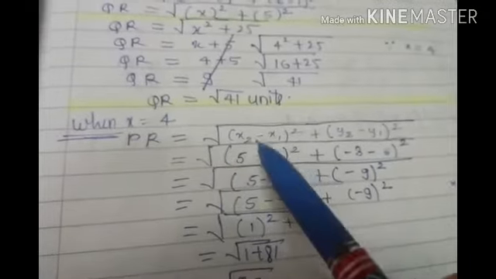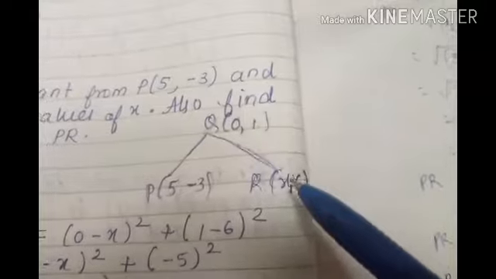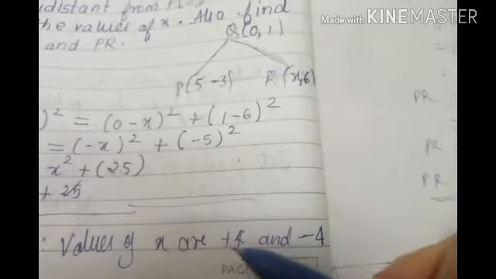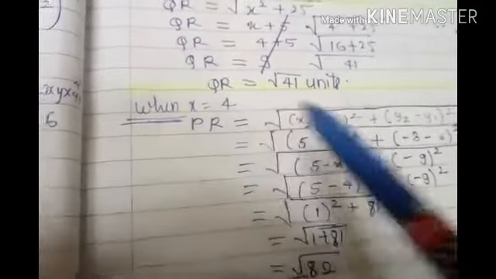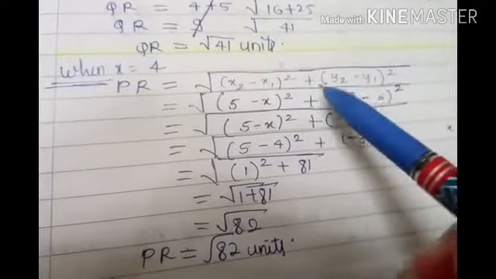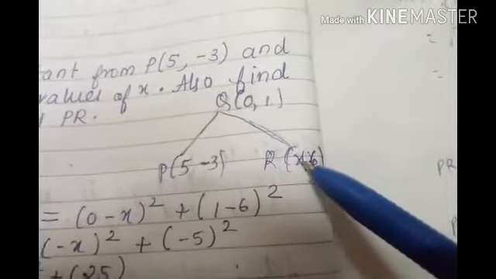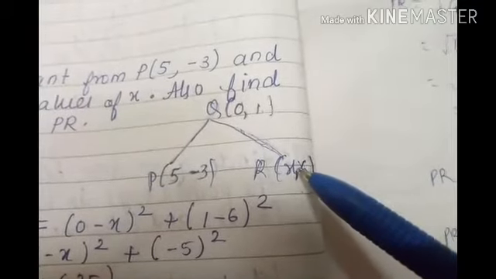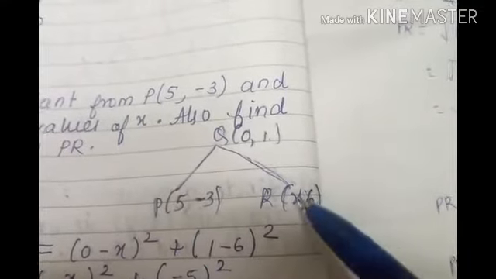Now we will see what PR is. Here x has multiple values, plus 4 and minus 4. So we will find PR when x is equal to 4. The formula is x2 minus x1 the whole square plus y2 minus y1 the whole square. You can take either point as x2 or x1, it doesn't make a difference.